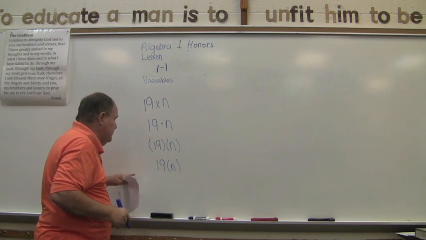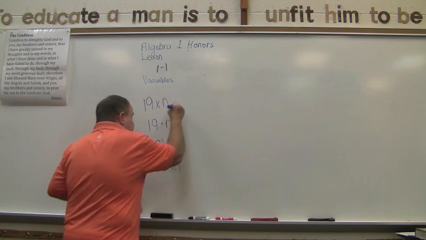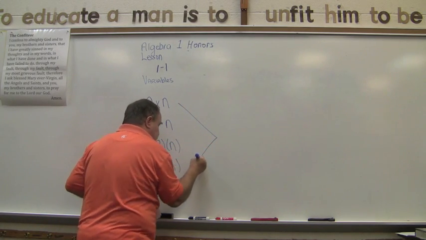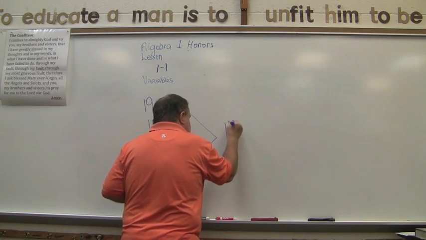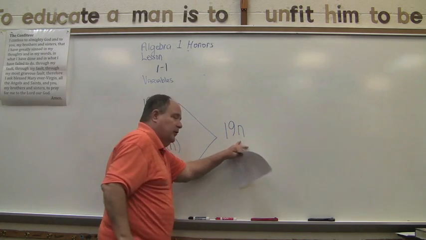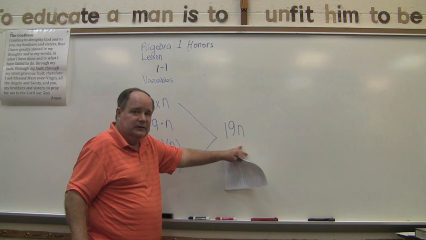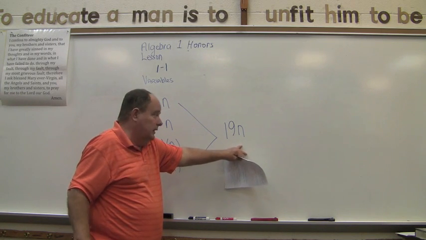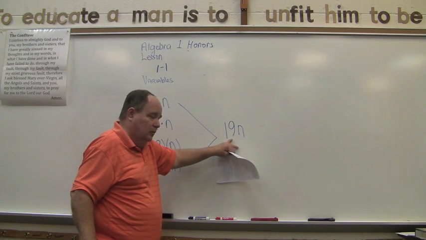But all of these can be written in the same way, like this: 19n. That's my variable, and we don't know what number it represents. It could represent any number right now.